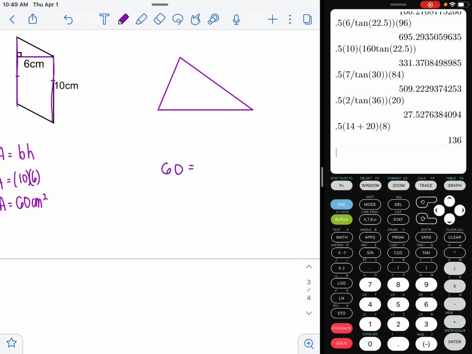So my formula for area of a triangle is area equals 1/2 base times height. I know that I want the area to be 60, so 60 equals 1/2 base times height. So I have to know two numbers that I can fill in for base and height, that when I multiply that by 1/2, I get 60.